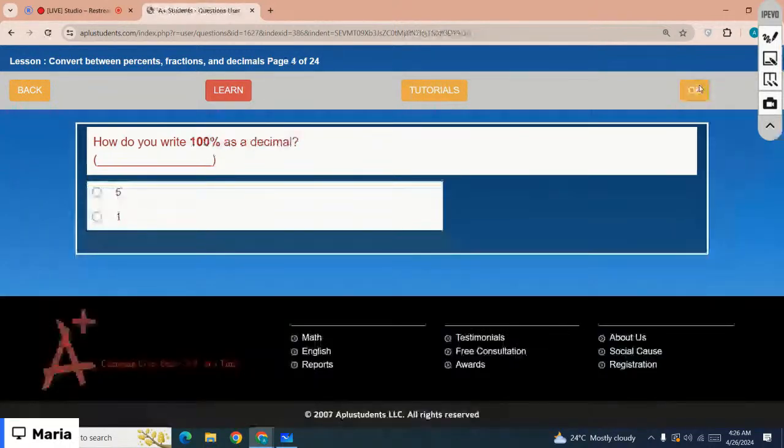How do you write 100% as a decimal? 100% means 100 over 100, right? And 100 out of 100 is simply 1. 100% means 1. The correct option is 1.